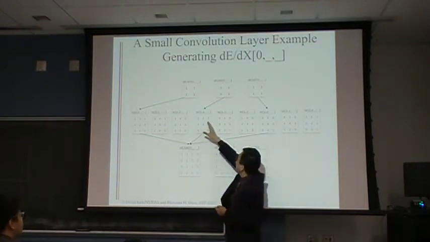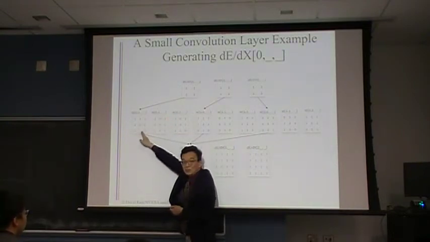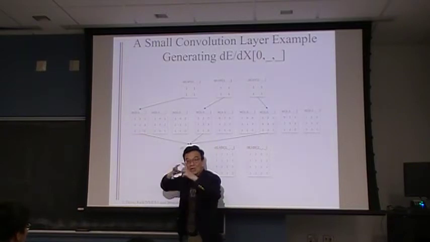And so we're going to take delta E, delta Y, and go through the W matrices. You can pick up the W matrices in the convolution part.